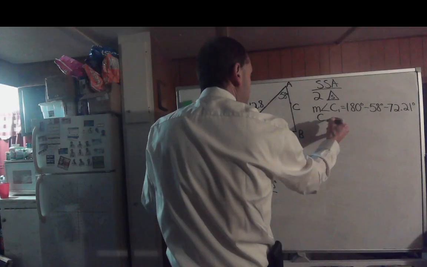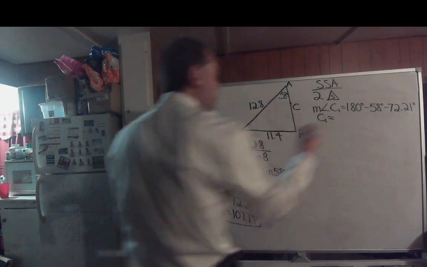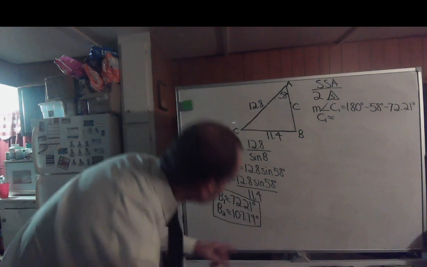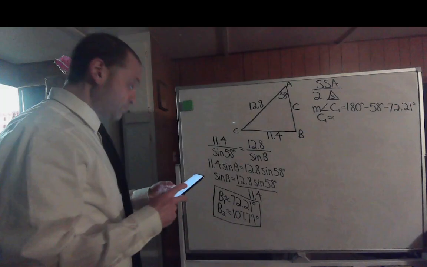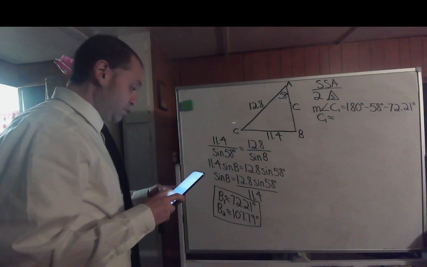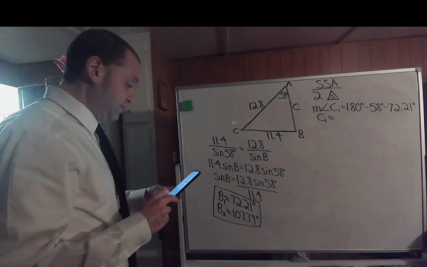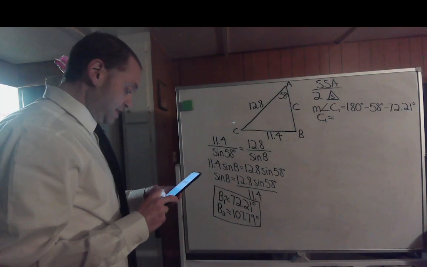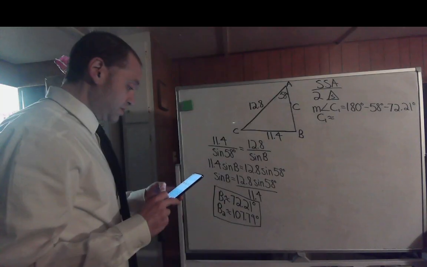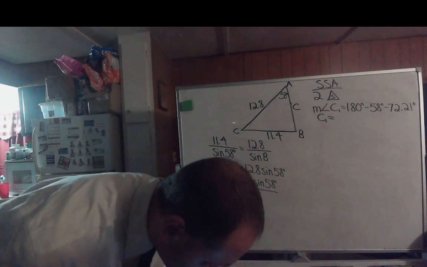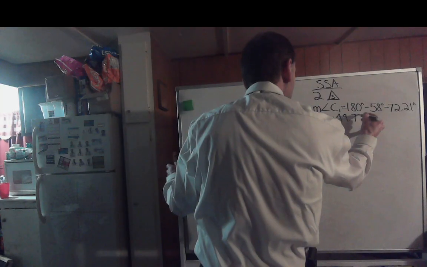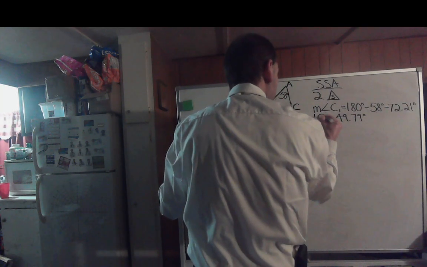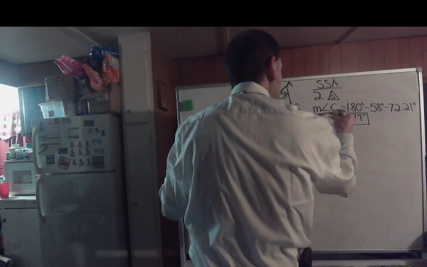That means that angle C1 will have an approximate measure of, let's find the result, 180 minus 58 minus 72.21, so angle C1 would be approximately 49.79 degrees. So there's your first possible angle C answer.